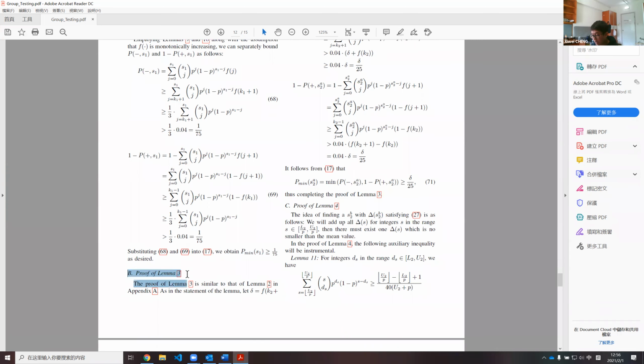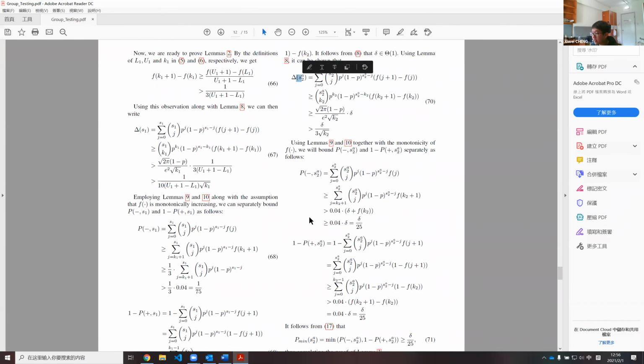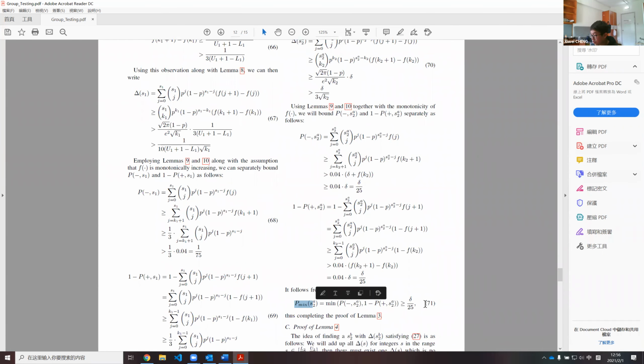Then the proof of lemma 3 is similar to lemma 2. So using lemmas 7, 8, 9, and 10, we can similarly bound delta and p min in this way, which is the result that we want.